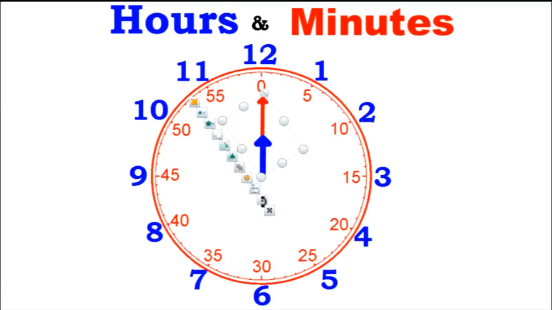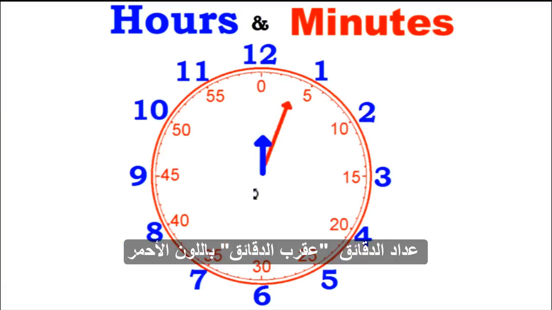The numbers in red are the minutes. So, 5 minutes, 10 minutes, 15 minutes, 20 minutes, 25 minutes, 30 minutes, 35, 40, 45, 50, 55.